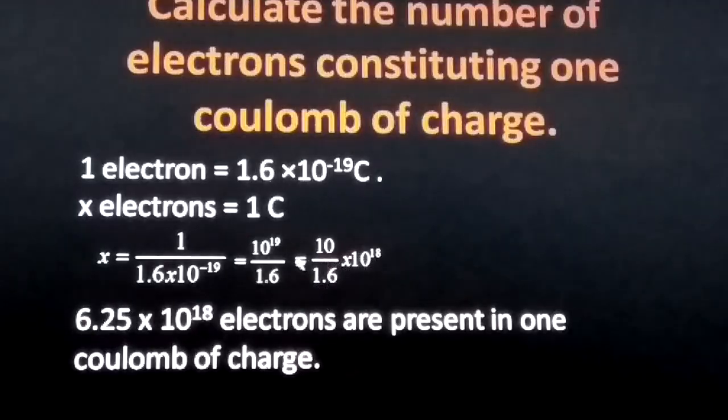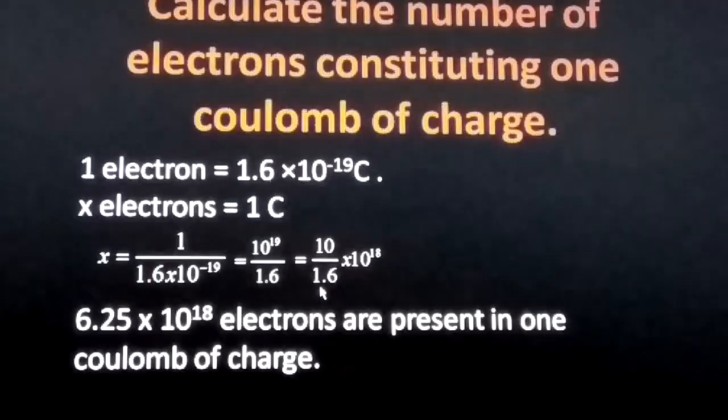For the simplification, we have made small changes here. 10 to the power of 19 can be written as 10 by 1.6, and the remaining 10 to the power of 18 is written as it is.